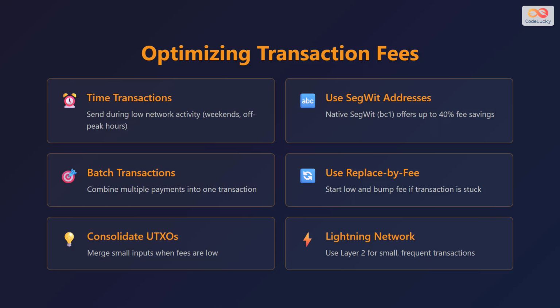Fourth, use Replace by Fee, a feature that lets you start with a low fee and bump it up if your transaction gets stuck. Fifth, consolidate your UTXOs by merging small inputs when fees are low. And sixth, consider using the Lightning Network, a Layer 2 solution, for small, frequent transactions. These strategies can significantly reduce your Bitcoin transaction costs over time.